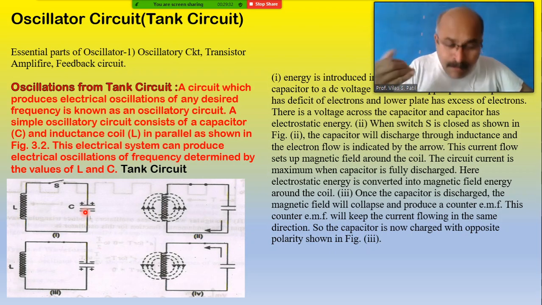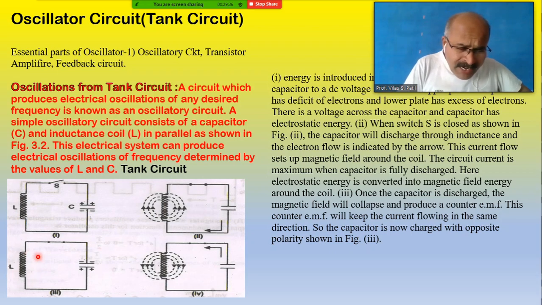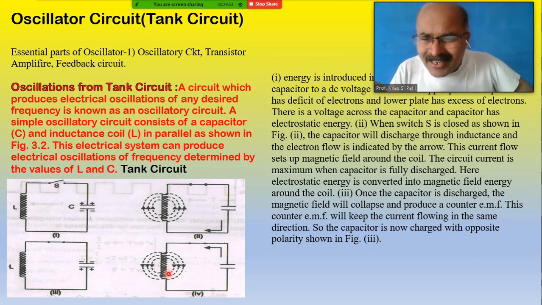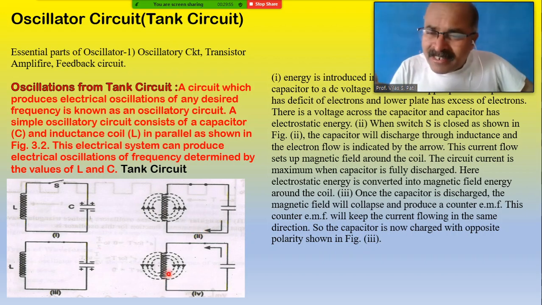It will become opposite. And again, when the whole magnetic energy collapses, the capacitor will be charged, and again this negative charge starts flowing from negative to positive in this direction, and the magnetostatic energy will be induced around the inductance.